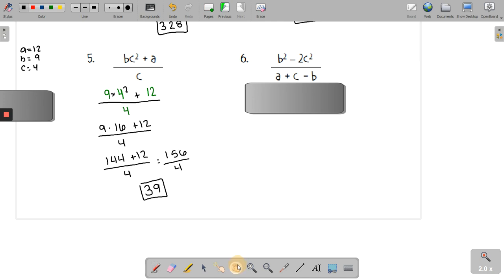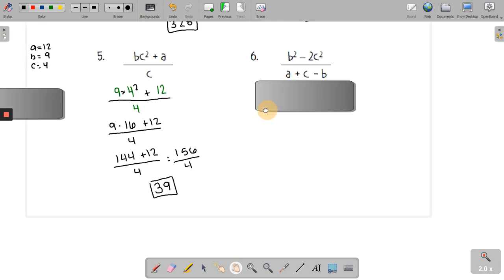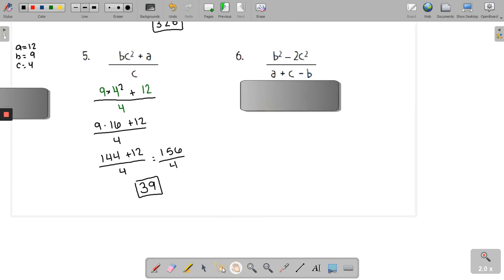The last problem we're going to look at today, we have b squared minus 2 times c squared, divided by a plus c minus b. We have to substitute in our a, b, and c.